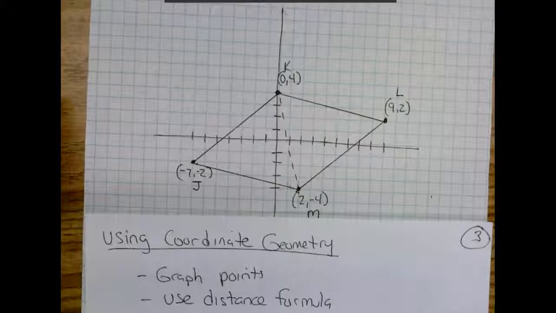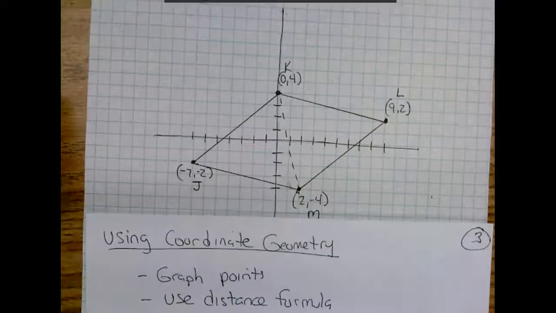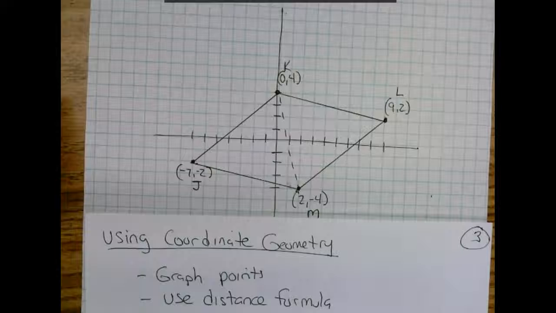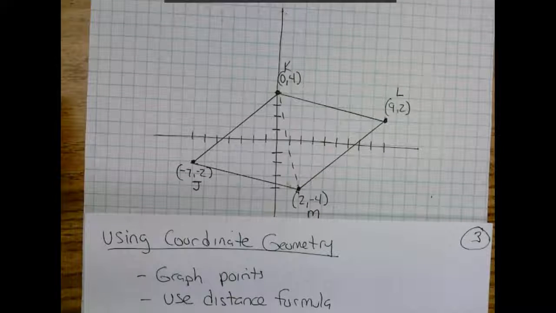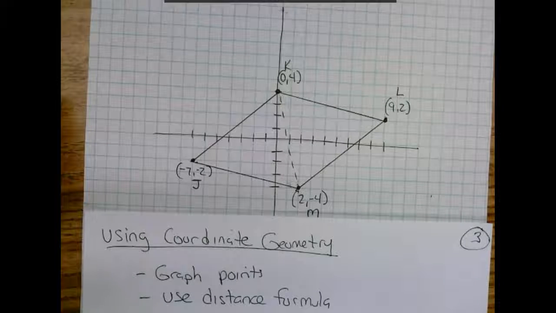It might look like maybe it's a rectangle, or maybe it's a rhombus, if all these sides are equal to each other. I could figure that out. I could also use the diagonals and compare them to see whether I have a rectangle, a rhombus, or a square.